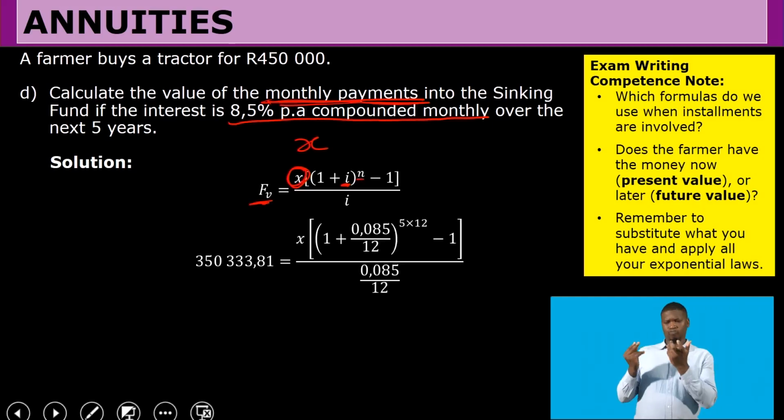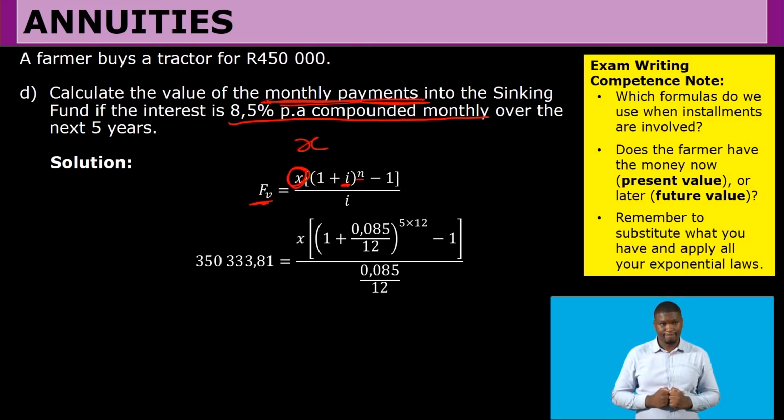When we substitute all of those values, the future value is 350,333 rands and 81 cents. We have an interest of 8.5% compounded monthly. Compounded monthly means that this account is going to get interest 12 times in a year.